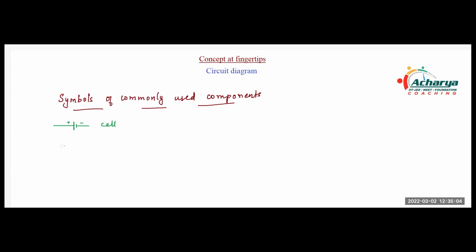If you are connecting a combination of cells, more than one cell, then we'll have it like this. Or we can call it a battery also. So this is the representation of a battery or a combination of cells.